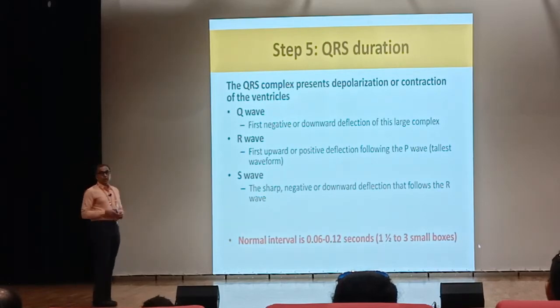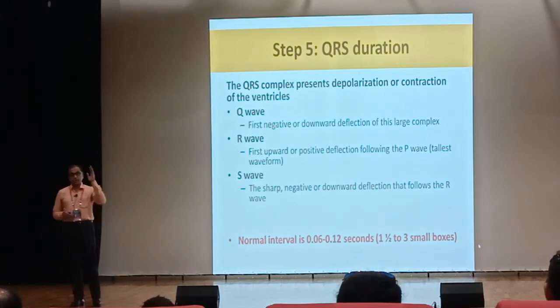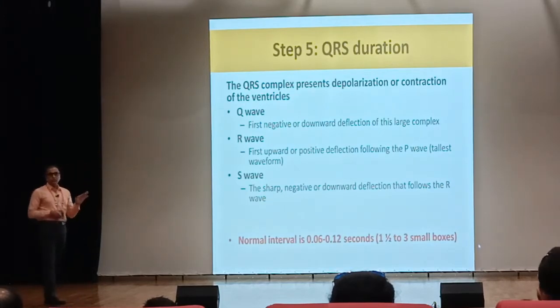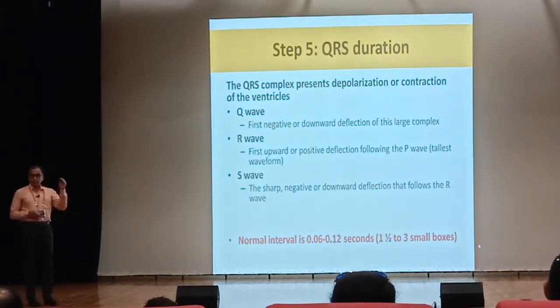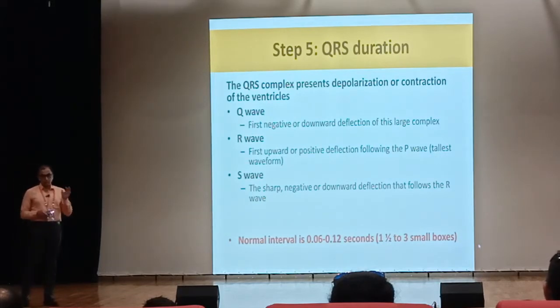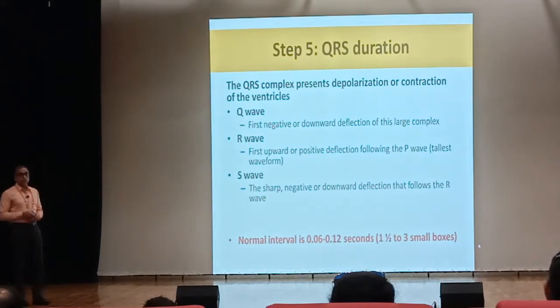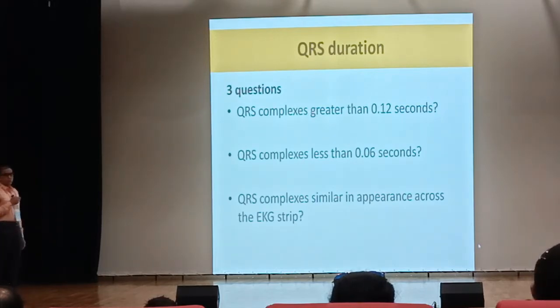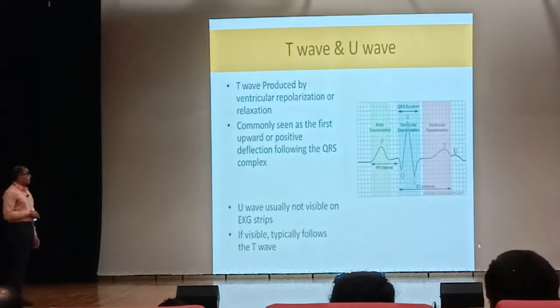But if it is narrow, it means it is sure that the conduction is happening from above the ventricle. So these are the 5 simple steps. If we go stepwise and follow this practice, most ECGs, especially during ACLS or BLS, meaning the cardiac arrest situation, you can identify. So you just look at the QRS complex, whether it's wide or narrow.